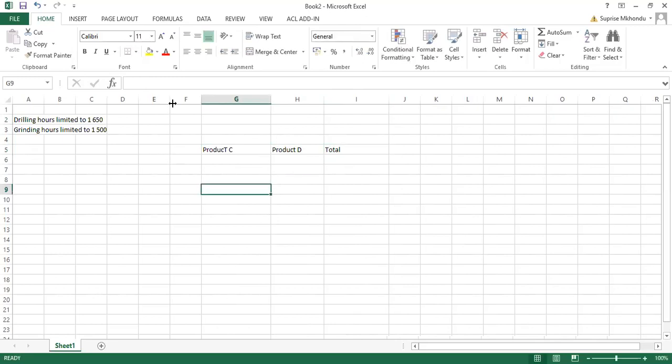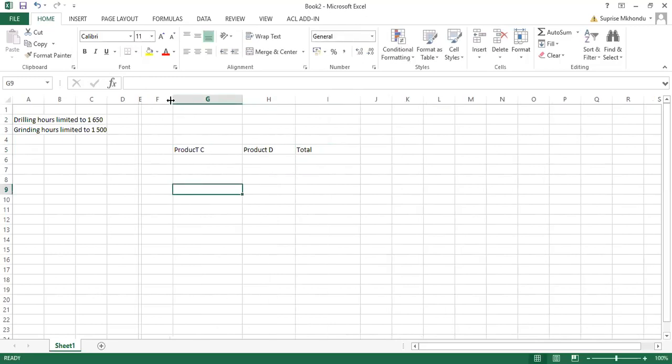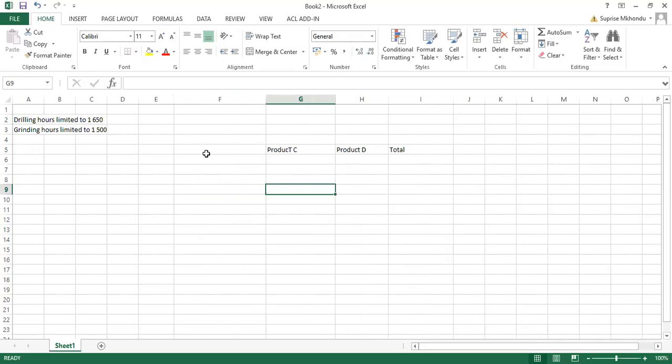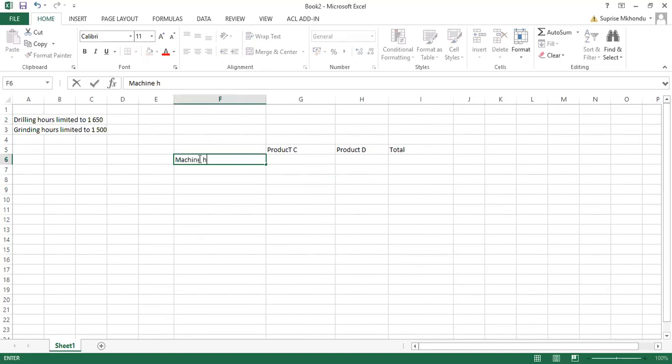Drilling hour per unit. Not machine hour per unit, I said drilling hour per unit. Total units. Total hours.